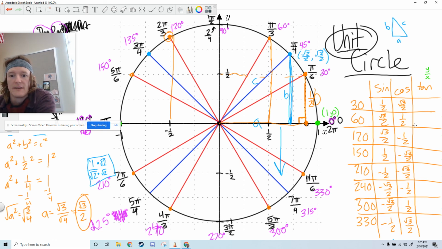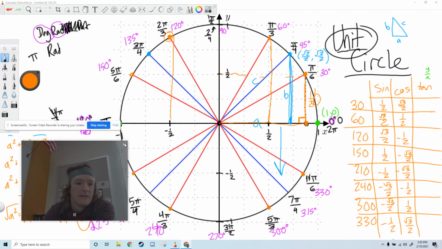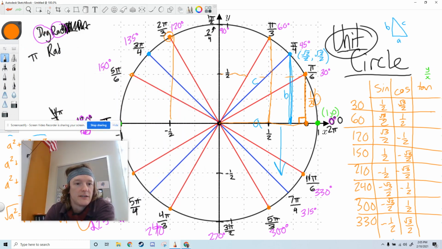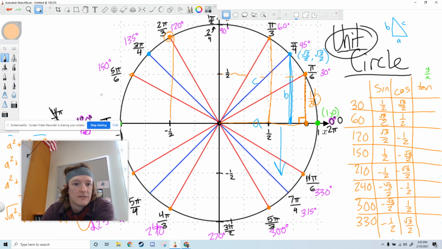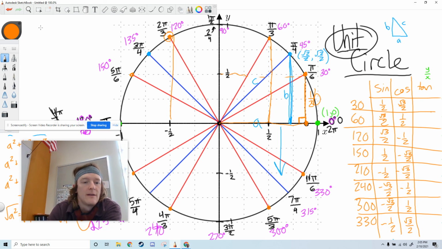It looks good. Now for tangent, for all of our tangents, you take your sine value and you divide it by your cosine. So sine divided by cosine. I'm not going to do all these because it'd take forever. But 1/2 divided by square root of 3 over 2. We're going to do keep, change, flip. 1/2 times 2 over square root of 3.